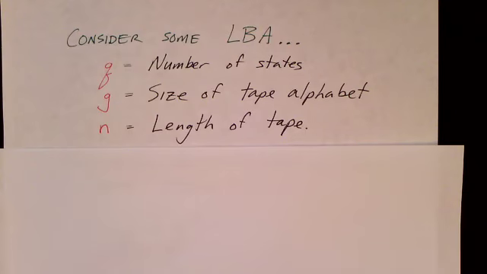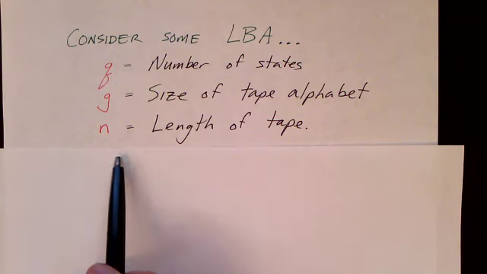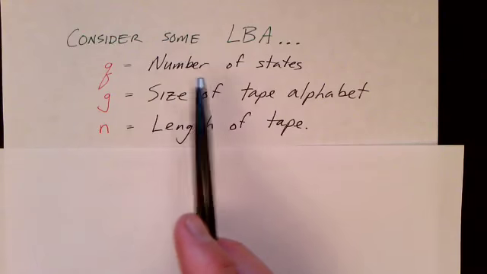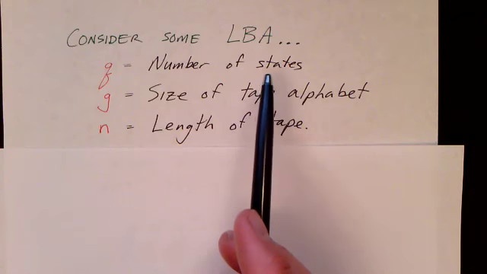How can we prove this? Well, let's consider some potential string, and we're trying to determine whether it's a member of the language. In other words, we're trying to solve some particular acceptance problem for linear bounded automata. We're given a linear bounded automaton, and we're given a particular input to that. So from those two elements, we can determine the number of states in the linear bounded automaton.